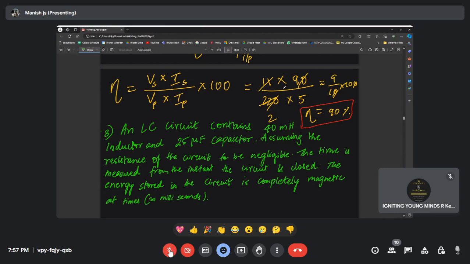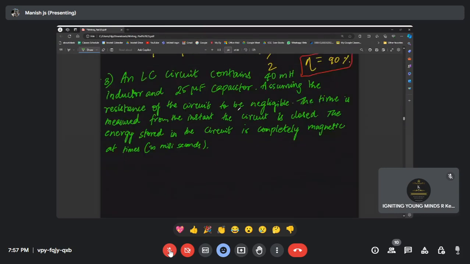So if the energy stored in the circuit is completely magnetic in milliseconds, you will have to interpret the values. So the options I'll give you.